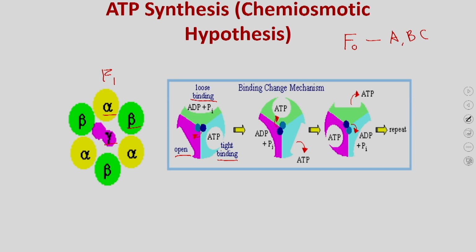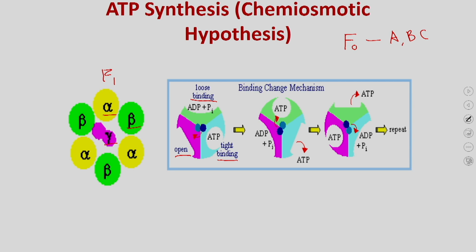As soon as they bind to the loose binding site, the gamma subunit again induces a conformational change, and as a result these two molecules come and bind here in a tight conformation.